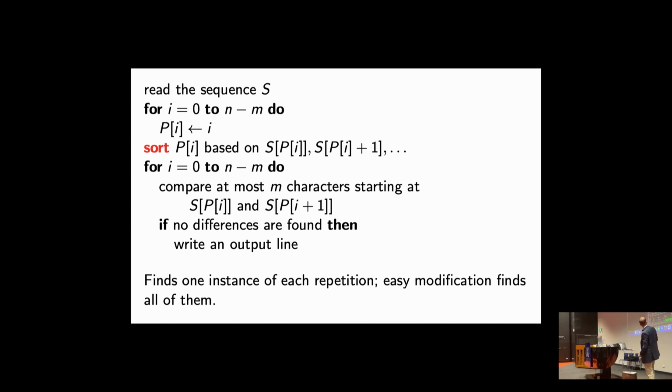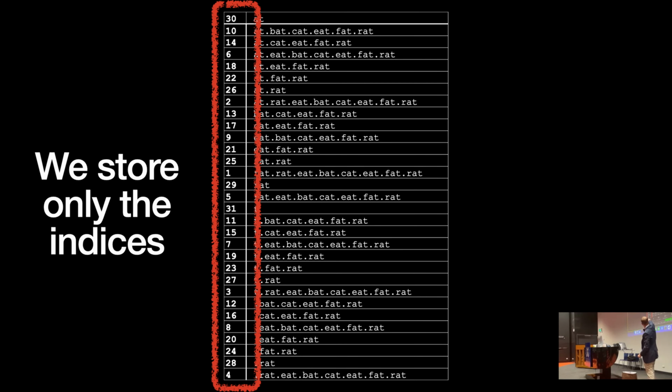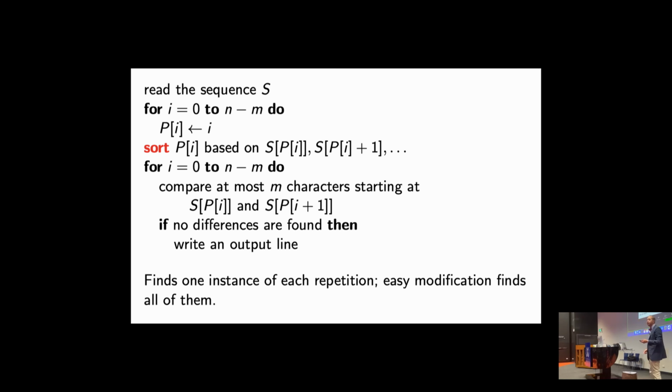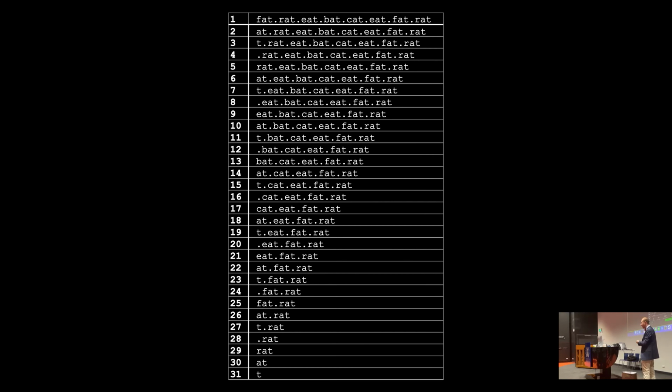But you'll notice that instead of actually constructing the second side of the table, we're only constructing the left-hand side. We're putting all the indices in an array. Then do the sorting thing, but sort it based on the suffixes themselves. So just like we converted that array into this one, we're going to do the same thing just with our column.